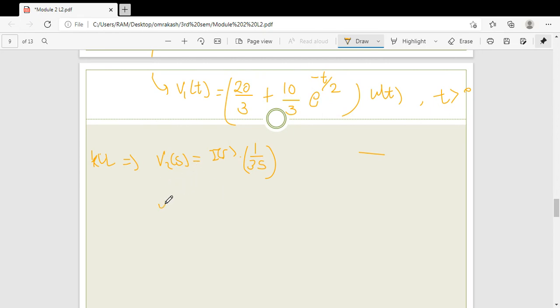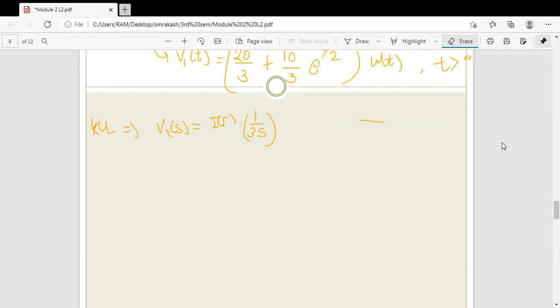When you solve this circuit, you will get the value of V2. What is the value of V2? When you multiply these two terms, you will get 20 divided by 3S into 2S plus 1, right?